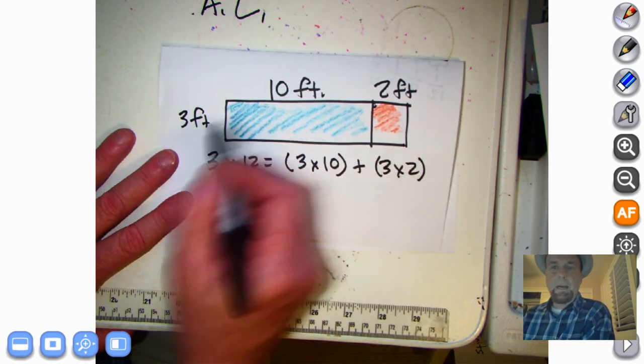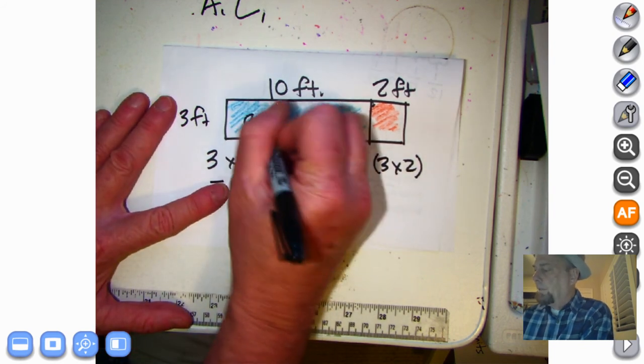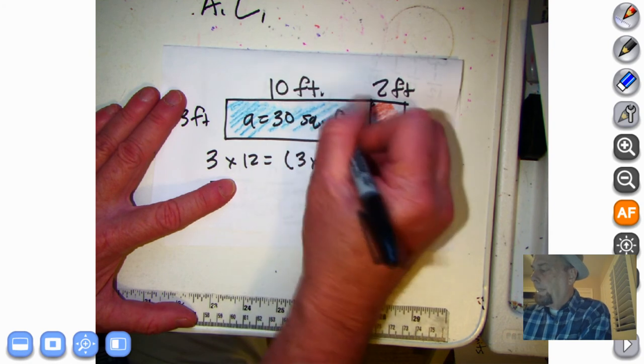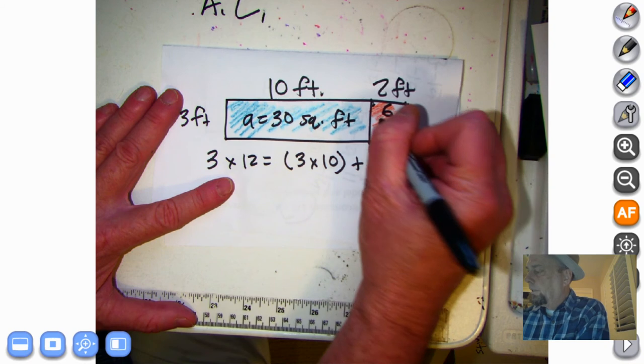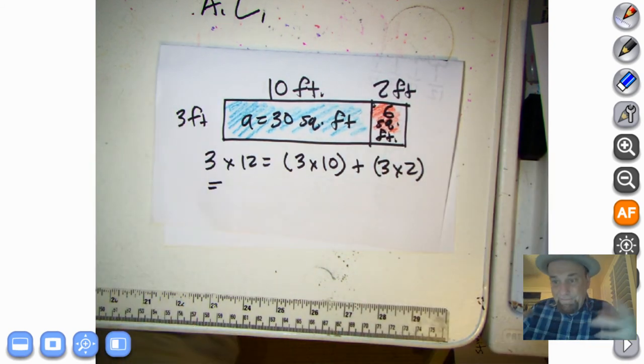3 times 10 is what? 10, 20, 30. So here we have the area equals 30 square feet. What do we have here? 3 times 2, 3, 6. 6 square feet. It's getting a little sloppy because I'm trying to hurry up.